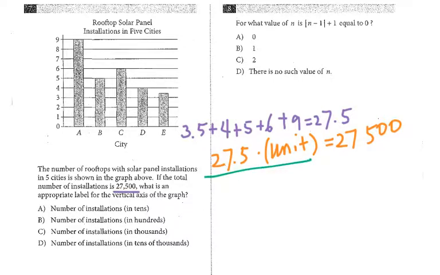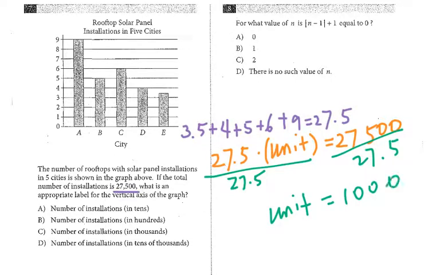Then you divide it by 27.5. Then this unit will equal 1,000. That means the number of installations will be in thousands.